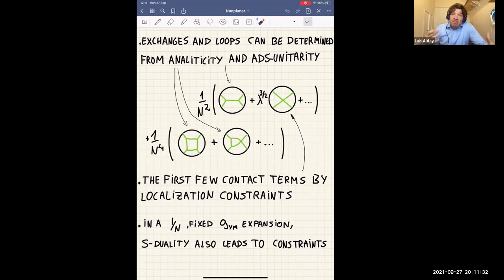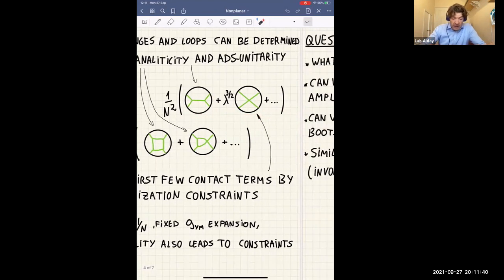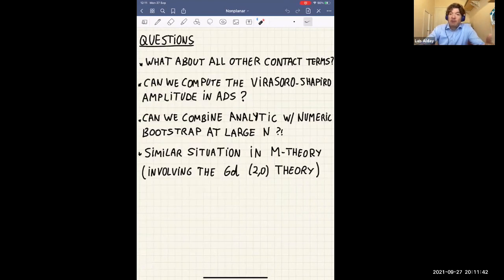And a dream in this program is to be able to compute this whole tower, and this would be the Virasoro-Shapiro amplitude in AdS, the anti-de Sitter equivalent of the Virasoro-Shapiro amplitude. And I think the most promising idea to start computing all these coefficients is by trying to combine the analytic with the numeric bootstrap at large N.